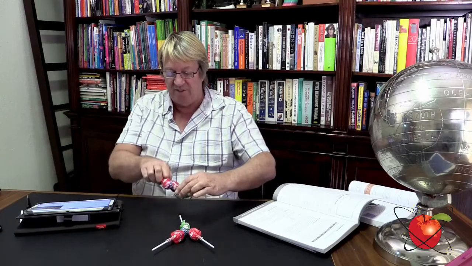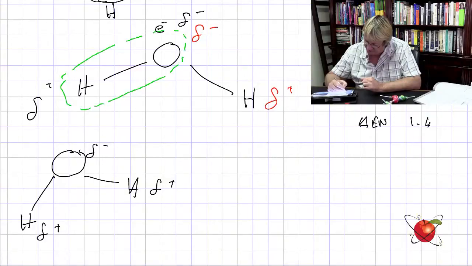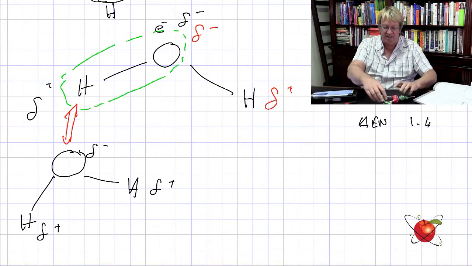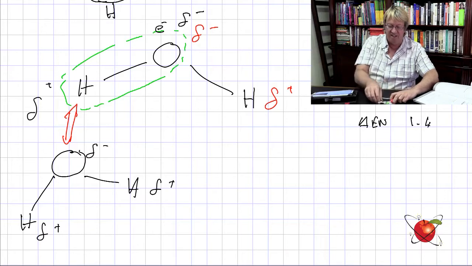Remember, the oxygen was negative. This is negative. So this one's going to fly by and be repelled, isn't it? But what's going to happen when a hydrogen side comes along? It's going to tend to bond with the oxygen. We're going to get a bond forming between these two, aren't we? They are going to stick together like that, right?